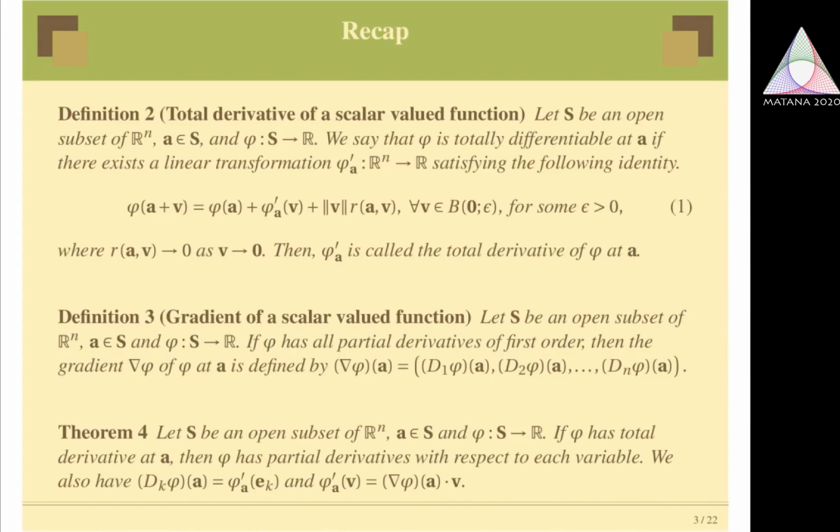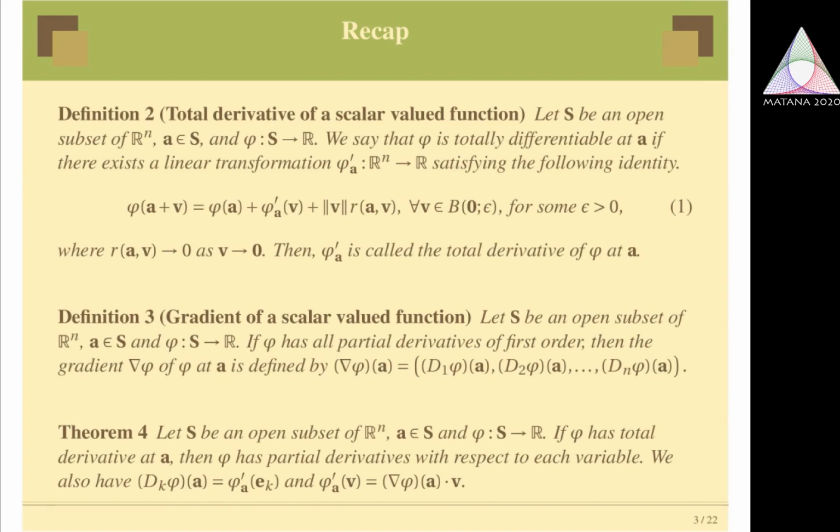The total derivative of a scalar valued function at a is defined as a linear transformation phi'(a) from R^n to R satisfying the identity in equation 1. The gradient of a scalar valued function is the n-dimensional vector (dou phi by dou x_1 at a, dou phi by dou x_2 at a, and so on up to dou phi by dou x_n at a).